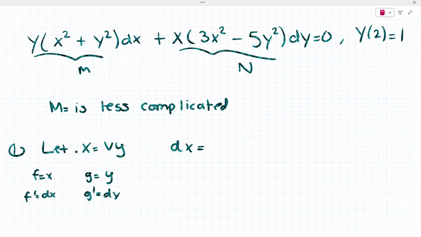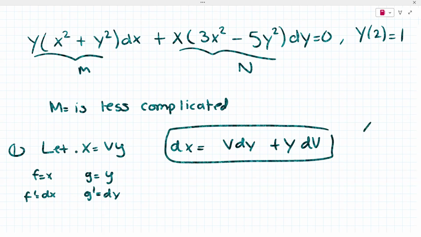If you apply the product rule, your dx is going to be v dy plus y dv. I'll box that, and then we said that x equals vy. I think we'll have to solve for v, so v is going to be x over y. Let me box that, because we might have to substitute that in.